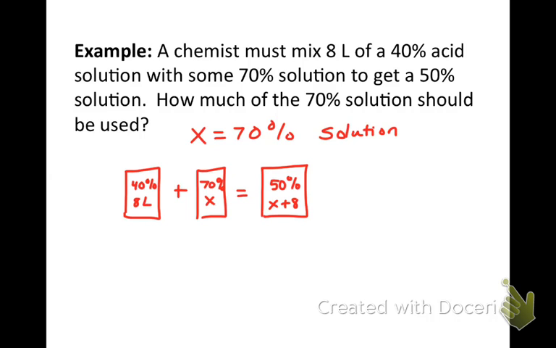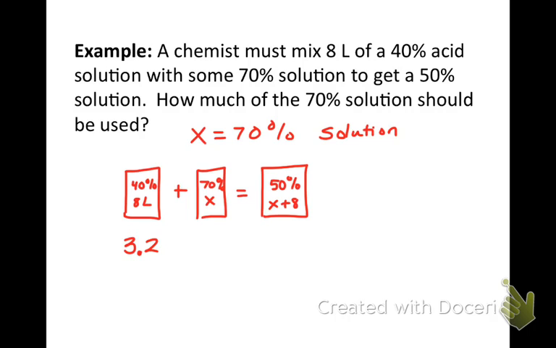Now watch how this works for your equation. What is 40% of 8? On your calculator, do 8 times 0.4. What do we get? 3.2. So this part becomes 3.2. I shouldn't have said liters, so just combine that together in a number.